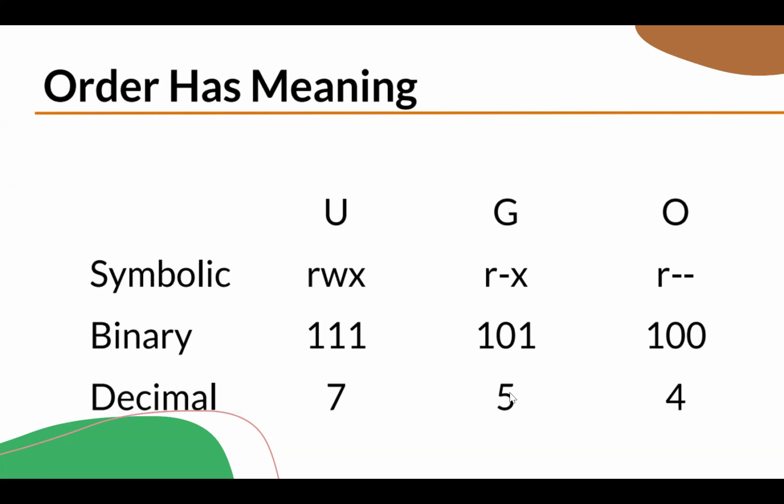Here for group they have mentioned only read and execute, which means 4 and 1. 4 plus 1 is 5, so we need to mention it as a value of 5. Now let us assume these permissions belong to file1. So 754 are the permissions for file1.